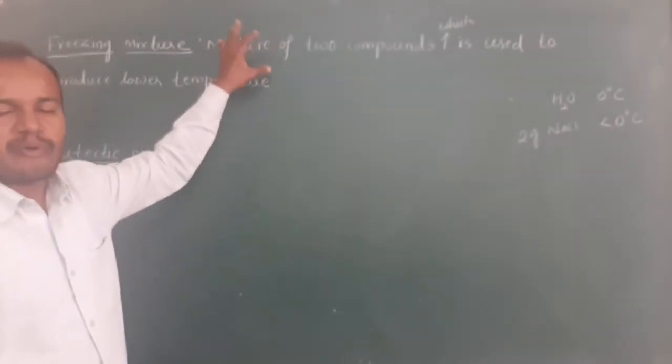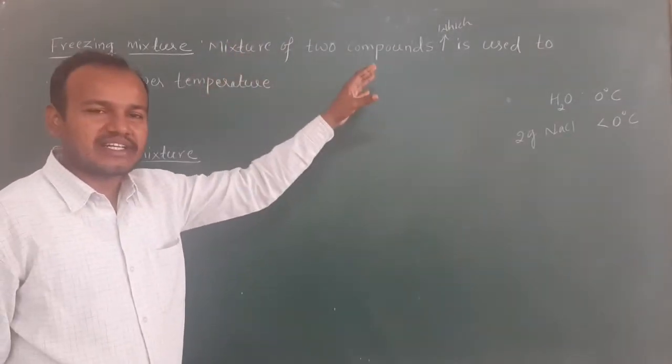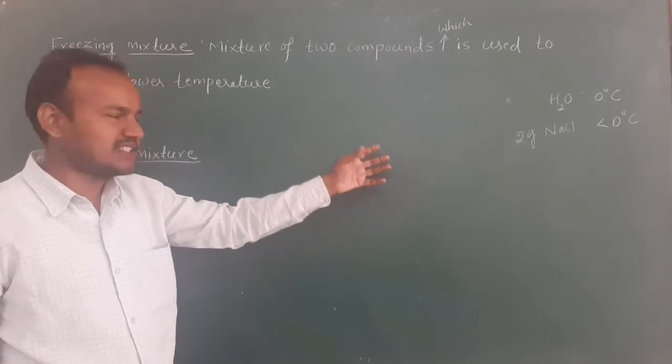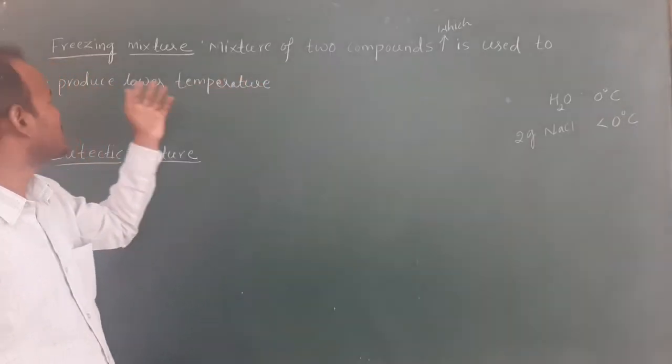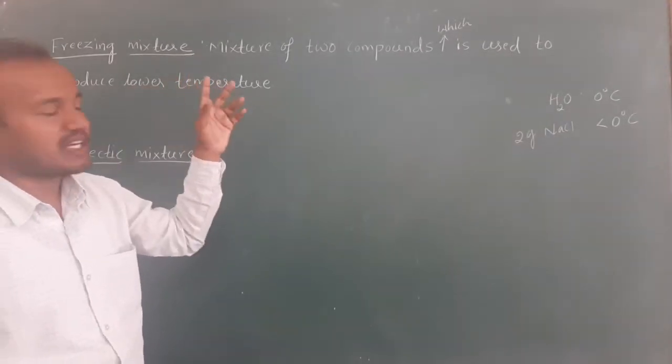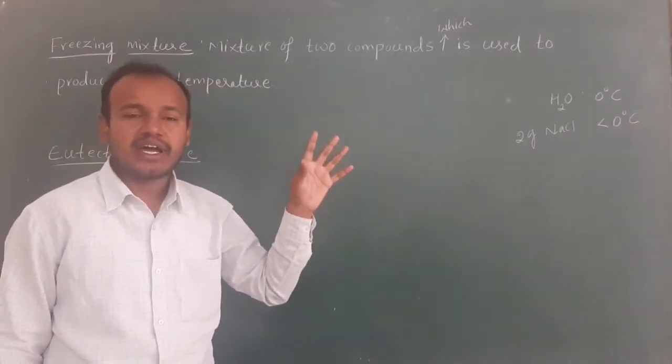When salt is added to water, its freezing point decreases, and therefore a mixture of any two compounds which is used to produce a lower temperature is called a freezing mixture.